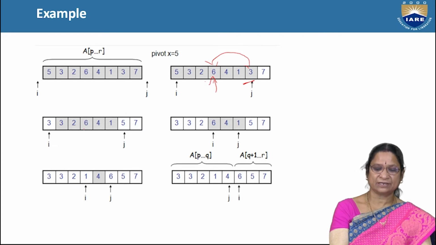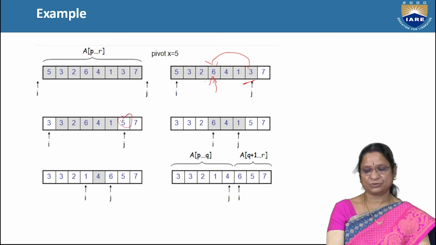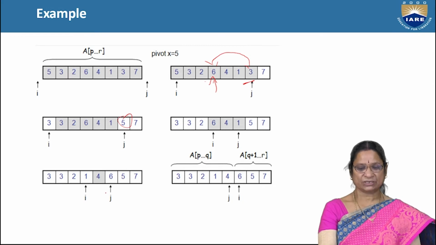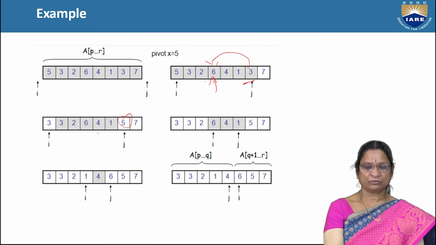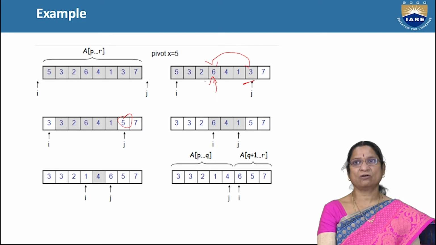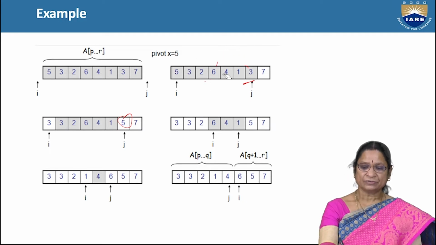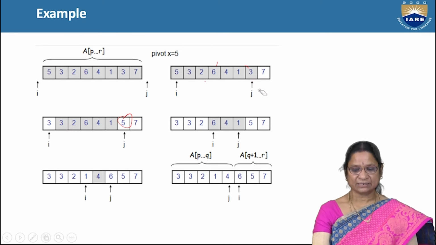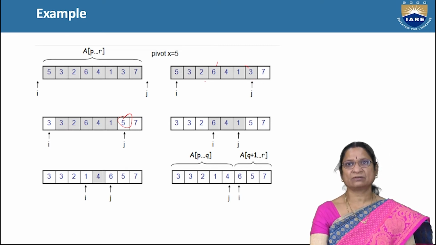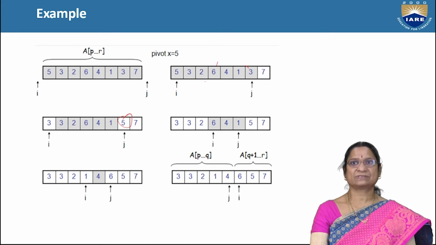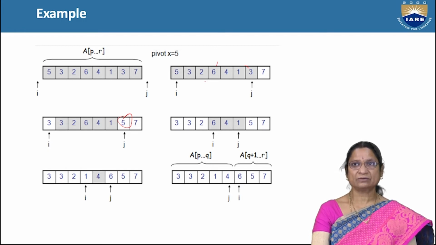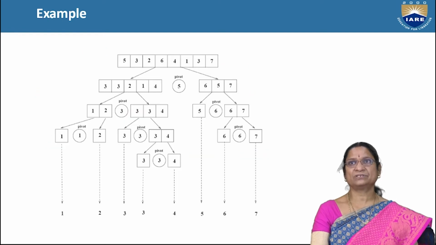We placed here 3. 5 is in its correct position, and all elements below the 5 and all elements above the 5 have to be considered. So considering this 5 in its correct position, we can stop the process. Here the 5 was placed in its correct position.